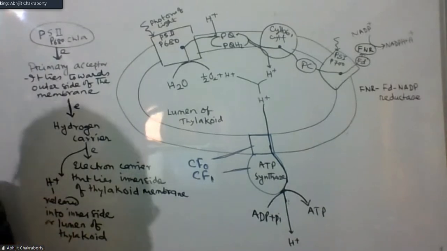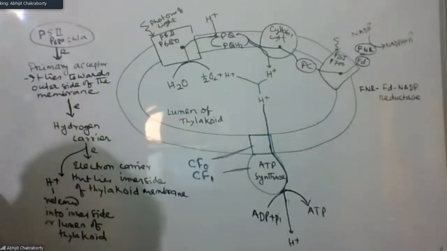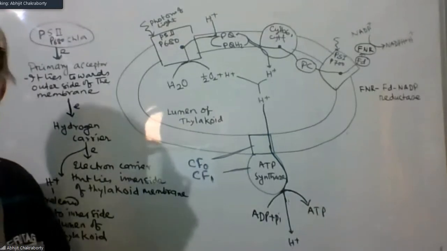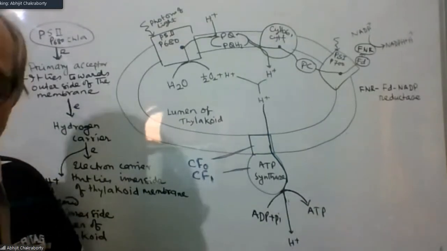Do one thing, please. You can just open your book to page 213. You see the chemiosmotic hypothesis written here. Please go through this now.